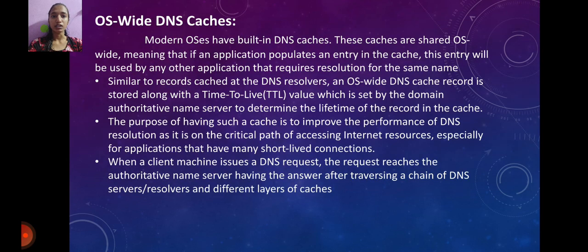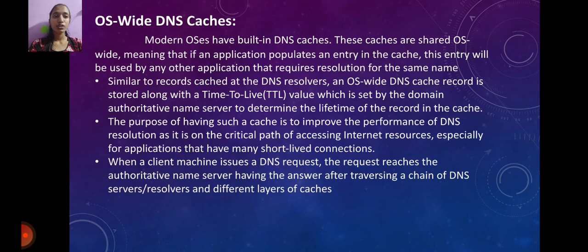OS-wide DNS cache. Modern OSs have a built-in DNS cache. These caches are shared OS-wide, meaning that if an application populates an entry in the cache, this entry will be used by any other application that requires resolution for the same name, similar to records cached at the DNS resolvers.